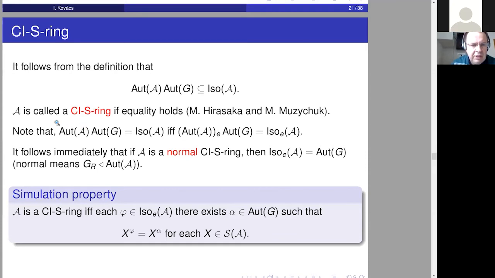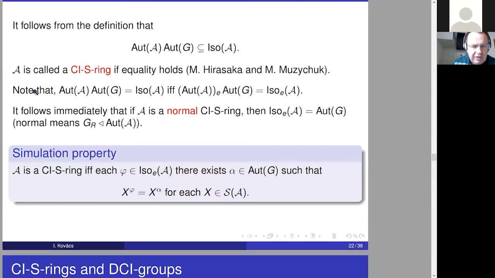Now we call A a CI S-ring if equality holds. This definition was introduced by Mitsugu Hirasaka and Misha Muzychuk. And one can prove easily that this equality is actually equivalent to this equality, so it's enough to consider only normalized isomorphisms.